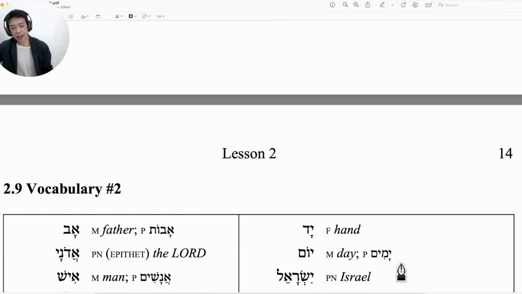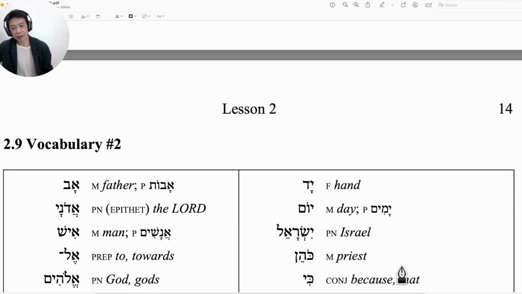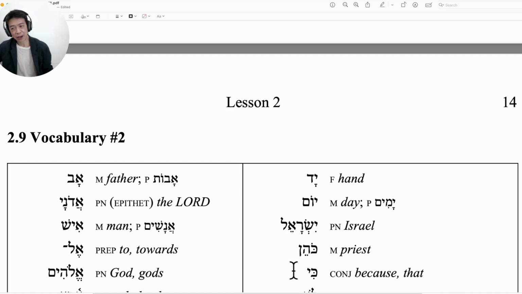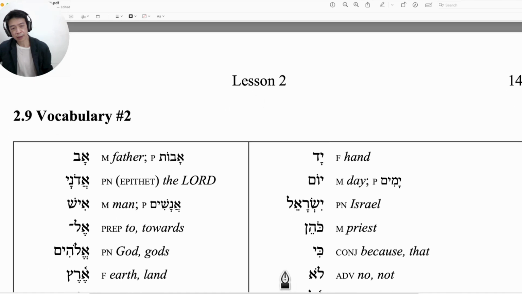Finally, let's take a look at some vocabulary to practice some reading together. The first word over here on the left is av. It means father. It's a masculine word. If it's plural, it's avot.